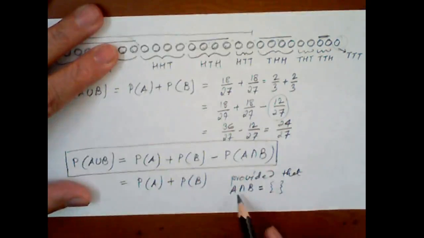That is to say, when A and B have no elements in common. When you have A intersection B being a null set, we say that A and B are disjoint sets.